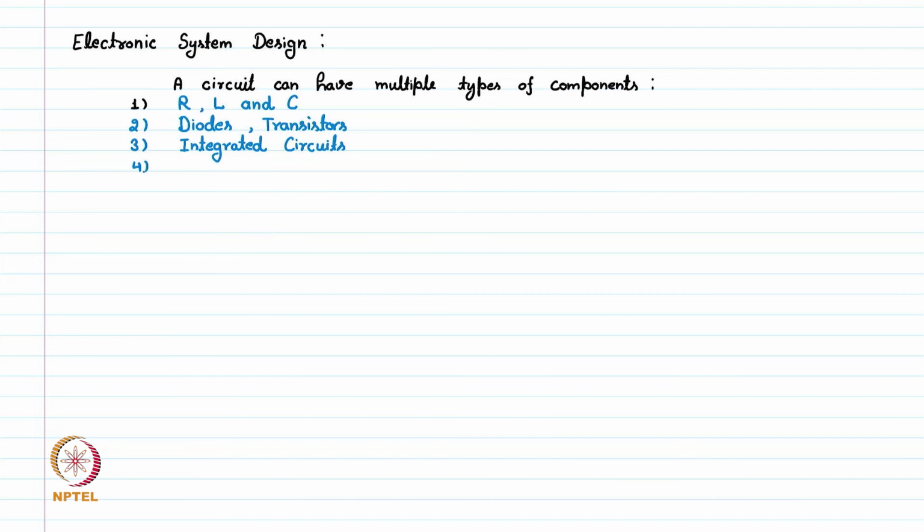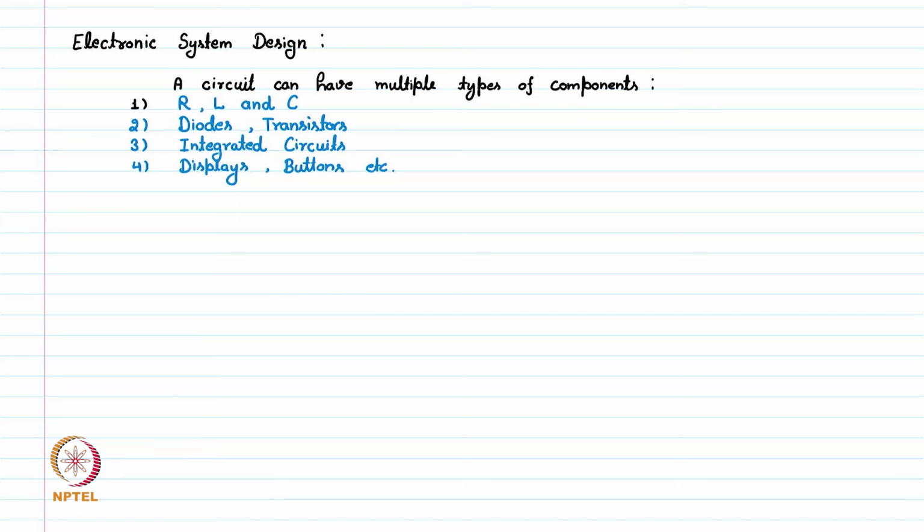It may have displays, buttons, etc. So, here we have so many components which combined make an electronic system.